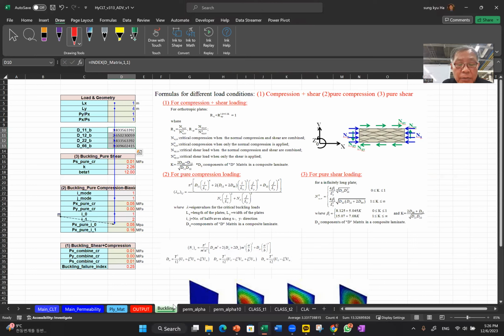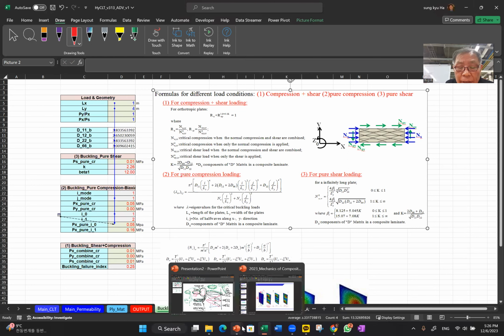Since this buckling worksheet is there, I just want to emphasize that this high CLT can be used to calculate the buckling load.